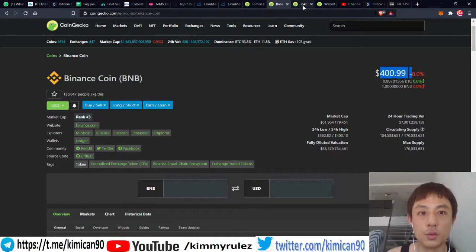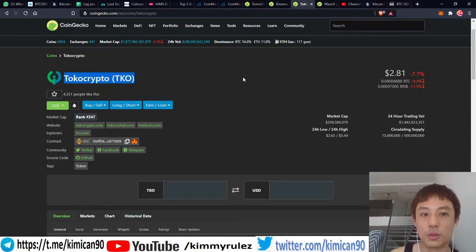One that comes to my mind recently is Toko Crypto. They just listed, and it is a very small market cap right now. I'm pretty sure it will shoot up within the next couple of weeks, so make sure to get some Toko Crypto. This is another centralized exchange backed by Binance, running in Indonesia, top 3 or top 4 for sure.